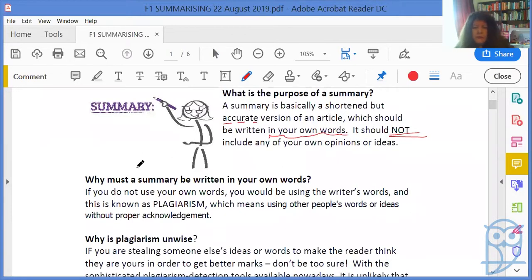Why must a summary be written in your own words? Because if you do not use your own words, you'll be using the writer's words, and this is known as plagiarism, which means using other people's words or ideas without proper acknowledgement. So in other words, you can't just copy what someone is saying, because that means you're stealing their intellectual property. Someone's thought of something, it's their own idea, and you just can't steal it.